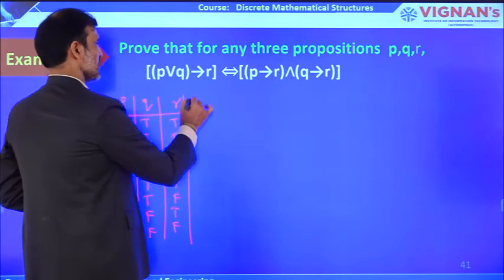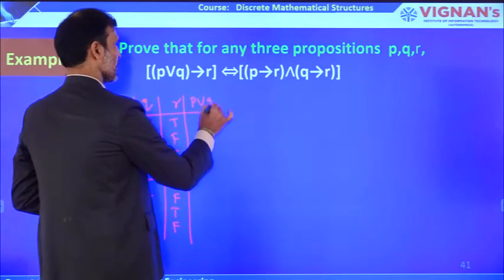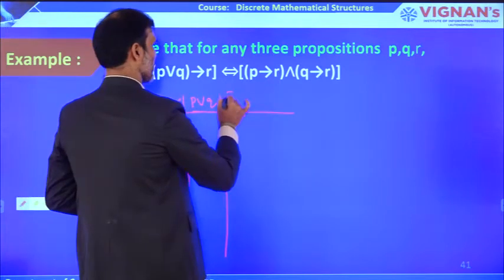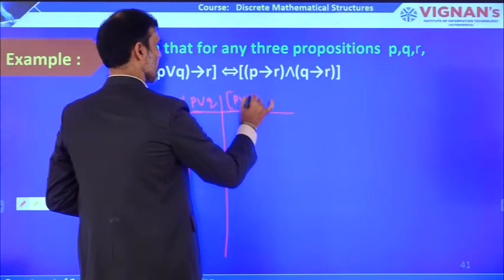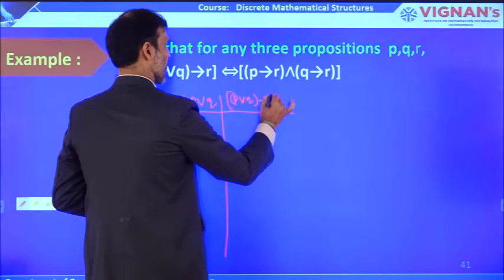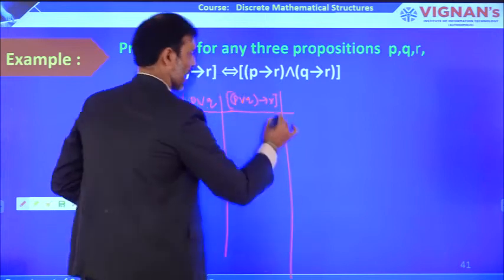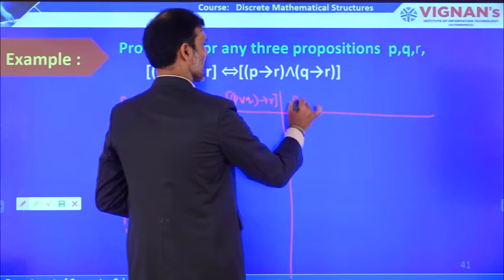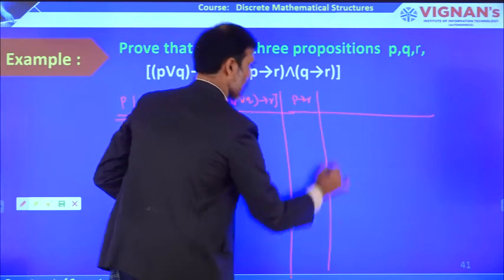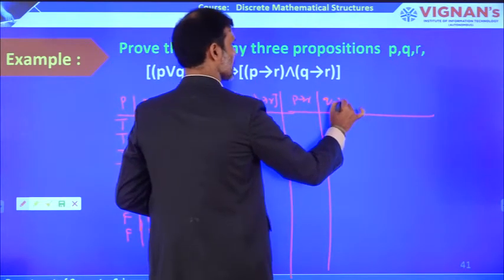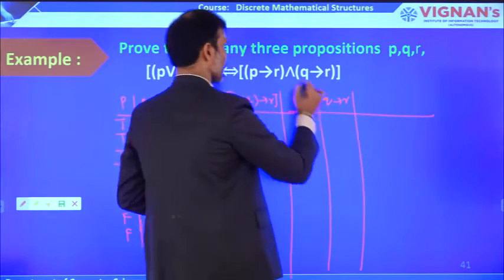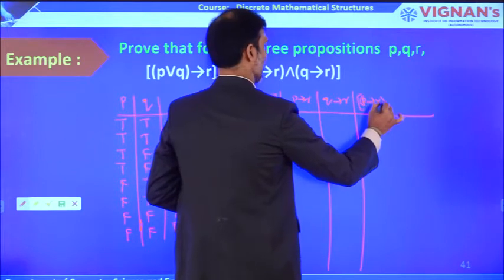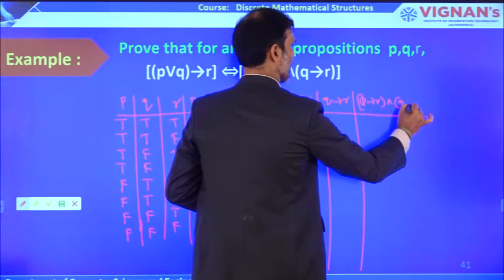And first we need to take P or Q, and then we have to take the compound proposition (P or Q) implies R, and then P implies R, and then Q implies R, and then finally the entire compound proposition (P implies R) and (Q implies R).